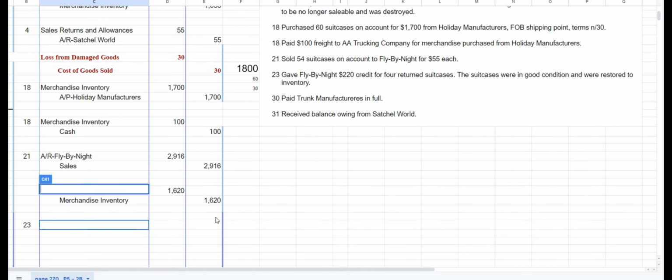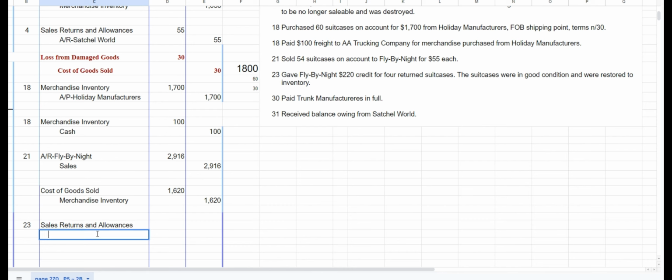Now, July 23rd. Gave Fly By Night $220 credit for 4 returned suitcases. The suitcases were in good condition and were restored to inventory. Whenever you're giving a credit or an allowance, the debit account is sales returns and allowances.